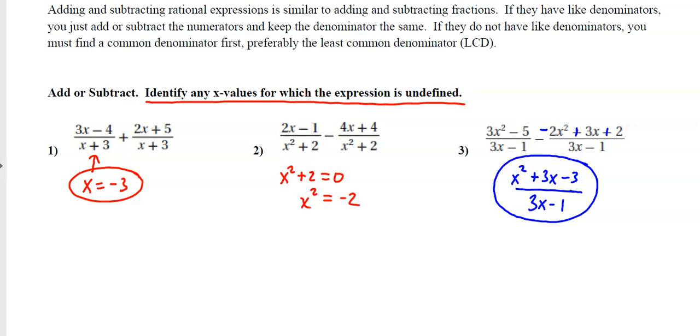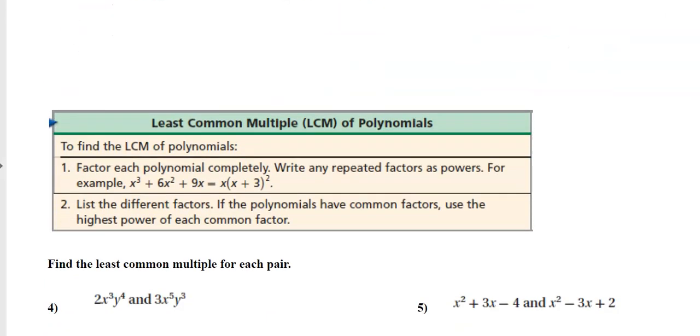So no x values make it undefined, so I'm just going to put none. And over here, when is 3x minus 1 going to equal 0? Well, it looks like when x equals 1/3, that's where we're going to have an undefined expression. So I kind of forgot that little part.